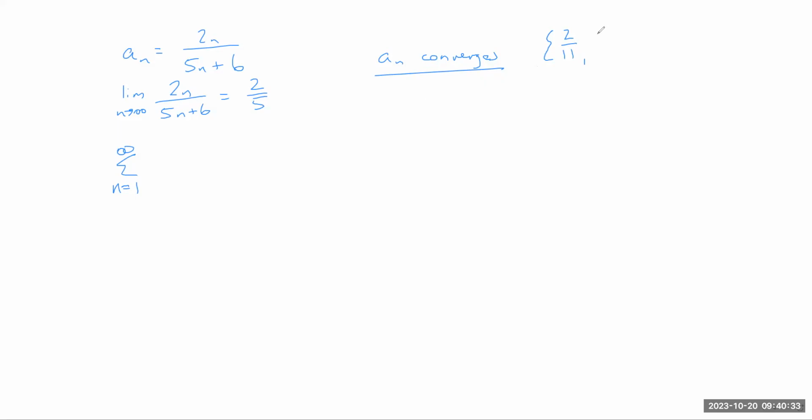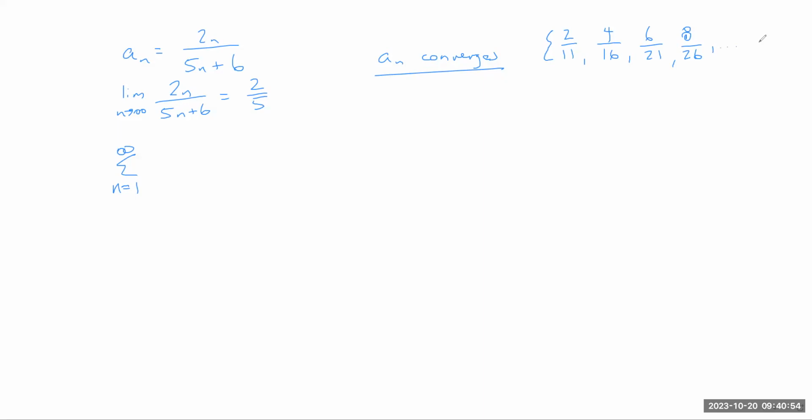Then 4 over 16. 6 over 21. Okay, the pattern's becoming clear now. So 8 over 26 and so on, right?